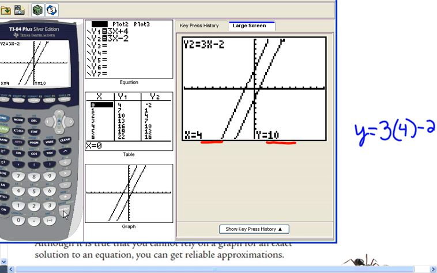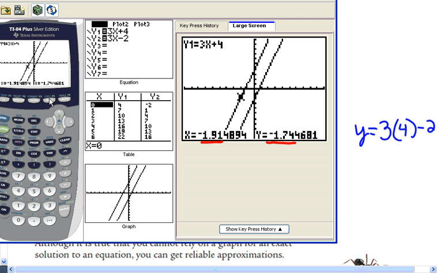Likewise, let's say x is -2. When x is -2, y is -8. So I can find values that way. Now I can't input output values. In other words, I can't find what x is when y is -8. Remember now, the key to all this that I just did is I hit the trace button first.